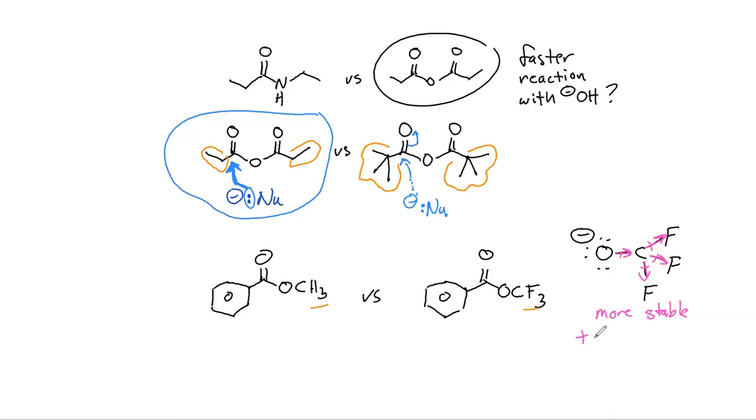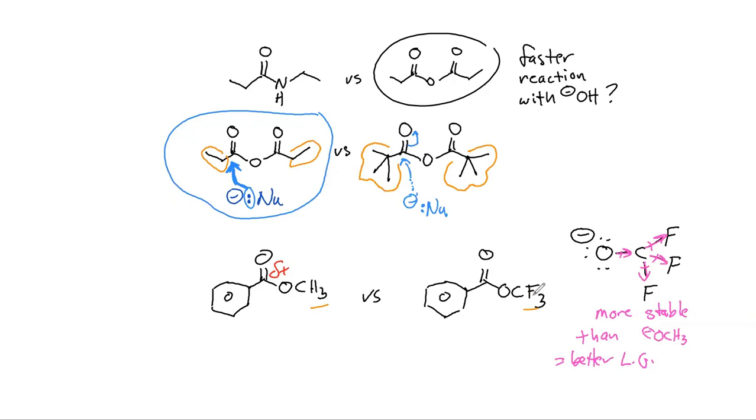That would stabilize the trifluoromethoxide relative to plain old methoxide, making a better leaving group that could potentially accelerate the reaction. The other thing we could think about is the size of the partial positive charge on the carbonyl carbon.